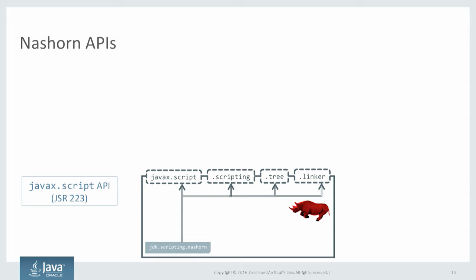So, the APIs that are exported from Nashorn. First of all, we have the javax.script API. That's the usual API that you need when you want to programmatically access a Nashorn engine.